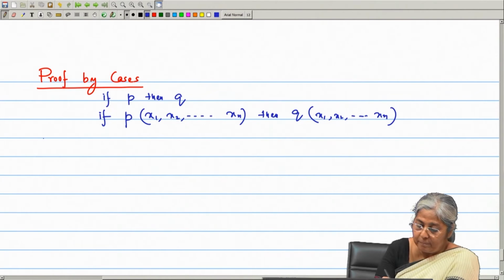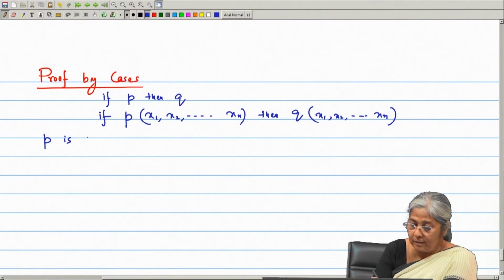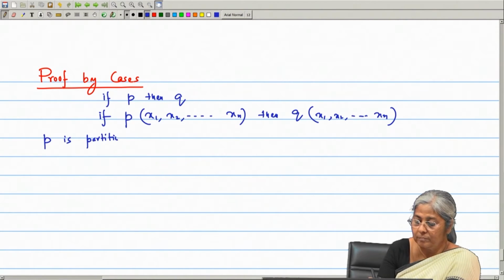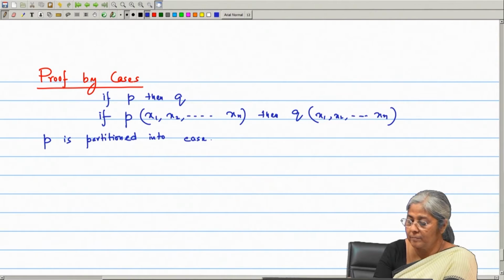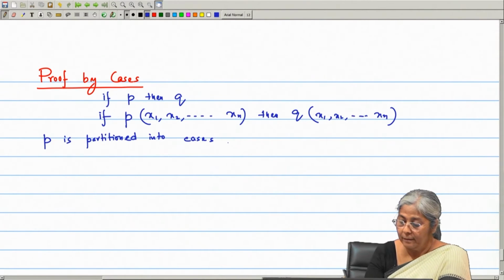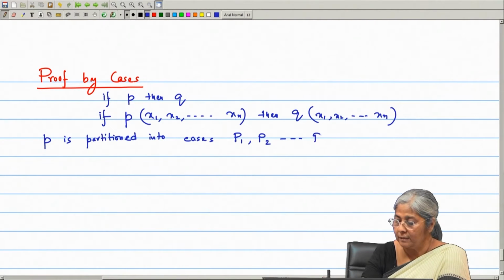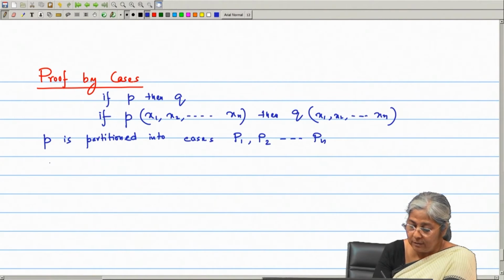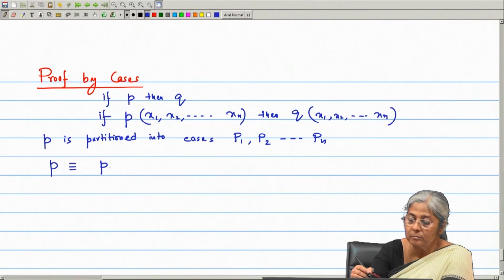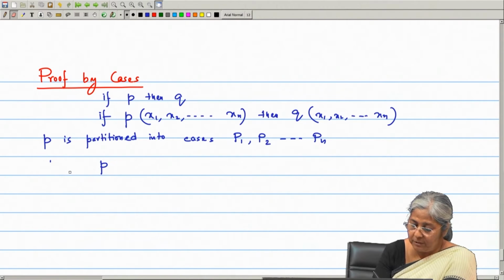So, P is partitioned into cases, say P1, P2, Pn. Then I can write the theorem statement P implies Q.